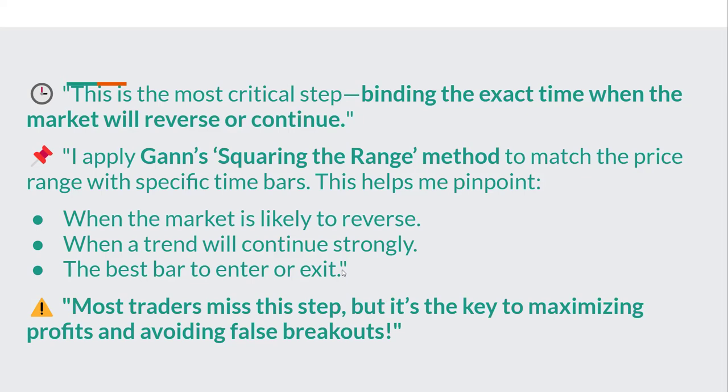One of my viewers made the mistake of entering at the high point of that range, but that was the limit because the time had already squared with that price. That's why the market started reversing. He entered in that area.